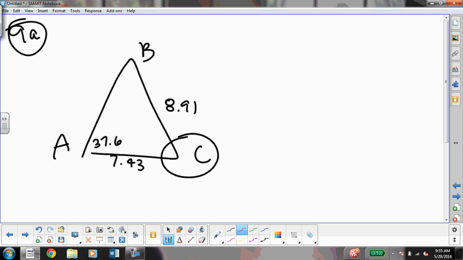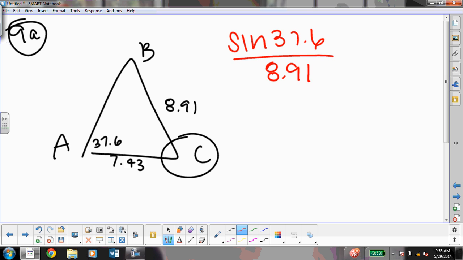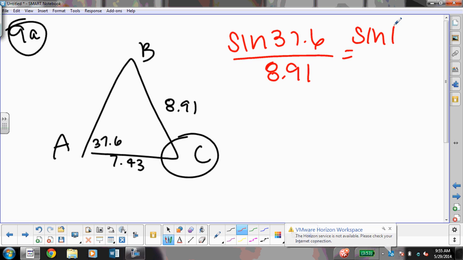To find angle C, the easiest way to do it is to find angle B using the law of sines. So I will say the sine of 37.6 over 8.91 equals the sine of B over 7.43. So the first thing I'm going to do is multiply both sides by 7.43.